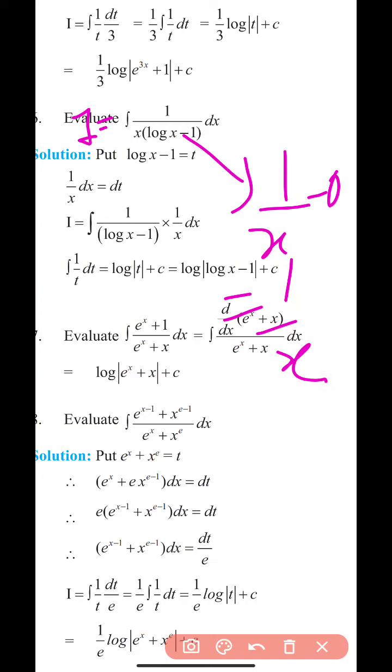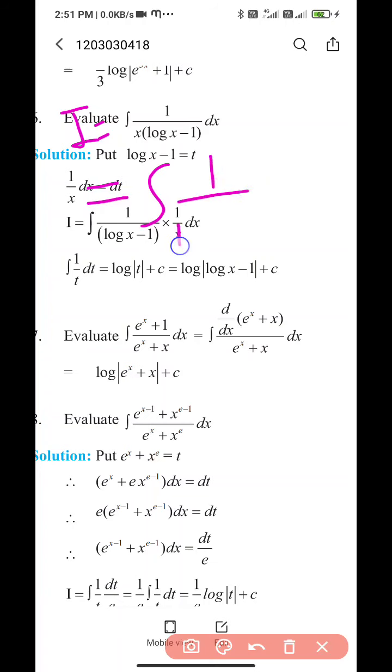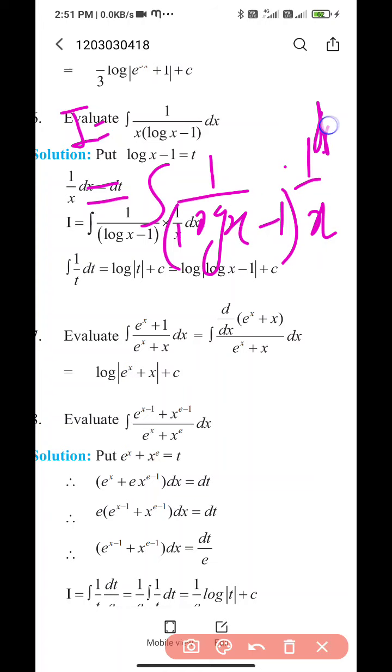So it means I just split the given function for you to understand easily. If you consider this as I, what I'll do first is I'll write the function like this: log x minus 1 into 1 by x into dx.